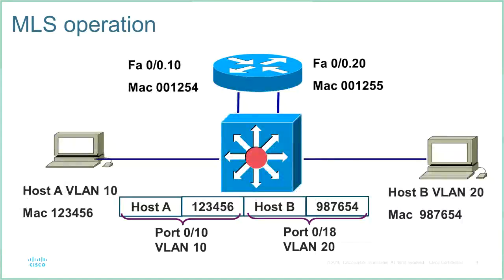It then reallocates the destination MAC address and determines which port to forward it out of, and it changes the source MAC address to the VLAN 20 through the route engine, and that's now an enabled route and is forwarded on.